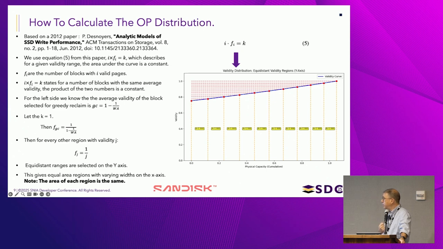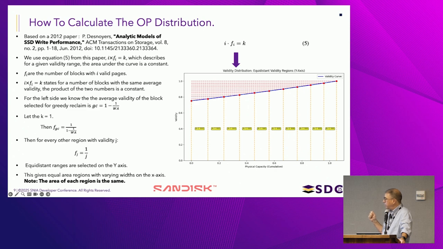So we took that equation and I'll walk you through the interpretation of it. It basically says that given a certain amount of invalidity, how much of the drive will be in that state. Okay, so if you look on the left-hand side of this diagram, we have these dashed red lines, which have segmented the region above the line into evenly spaced regions.